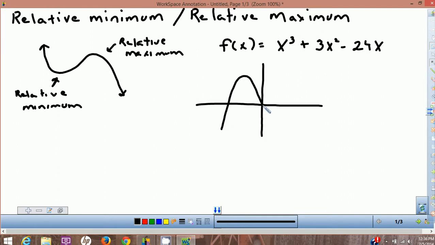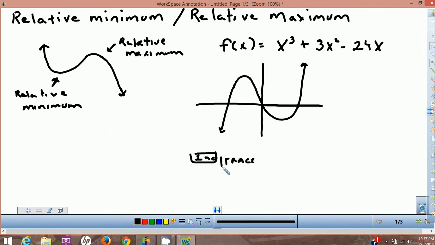This is kind of what it looks like. Not perfect, but basically what it looks like. If I want to find the value of this relative maximum and this relative minimum, the easiest way to do that on my calculator is to press the second key and then the trace key.